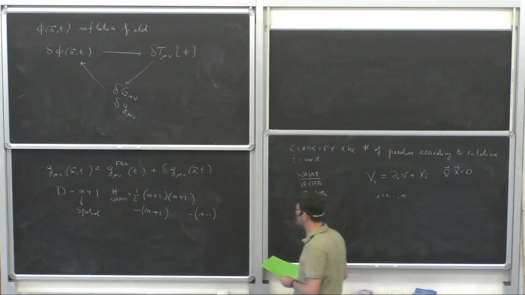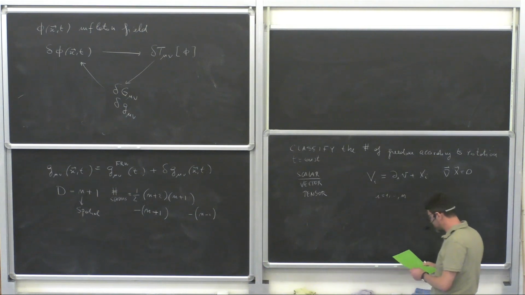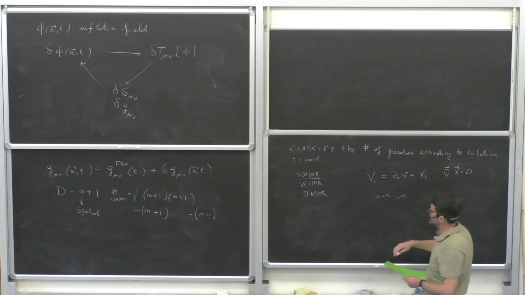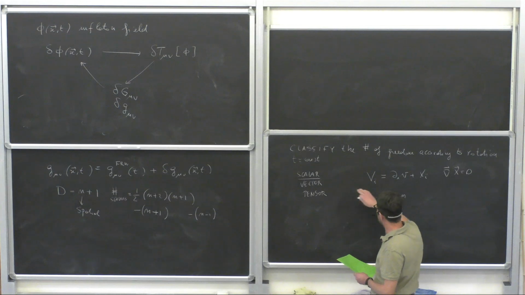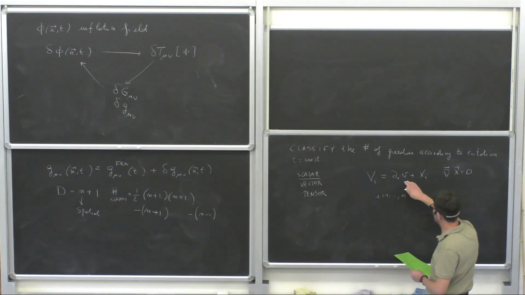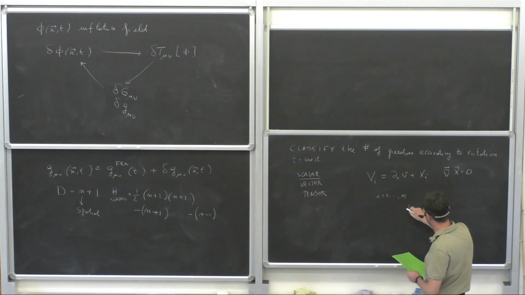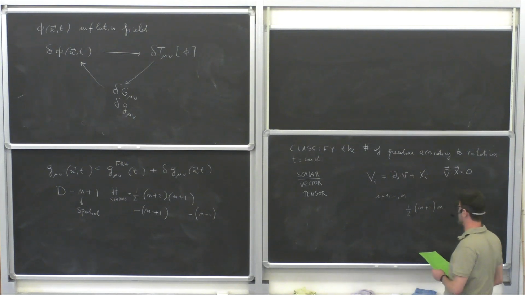Okay, now I have to remove the tensors. The tensors, of course, belong to, if you start from the matrix n times n, how many degrees of freedom in general of that symmetric matrix? 1/2 (n plus 1) times n, okay?